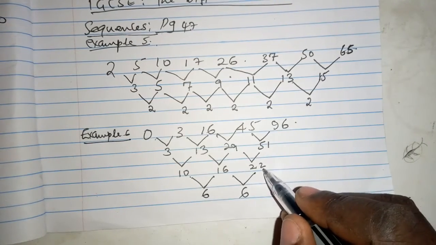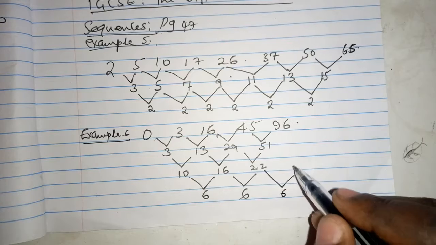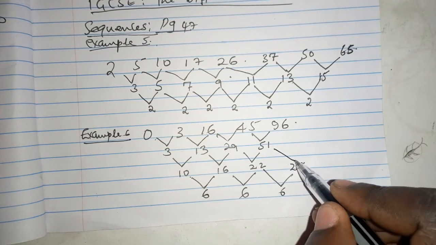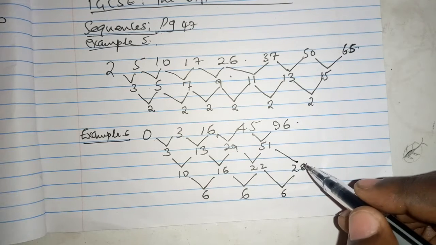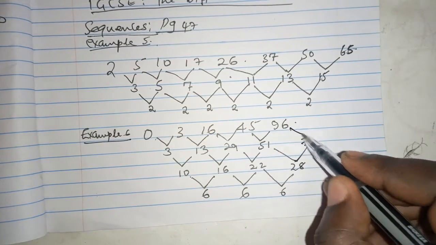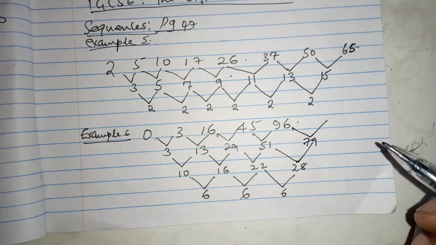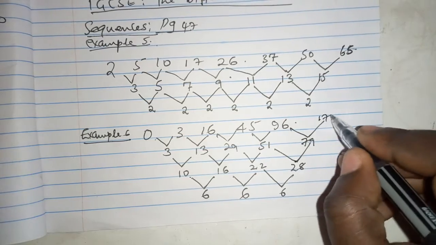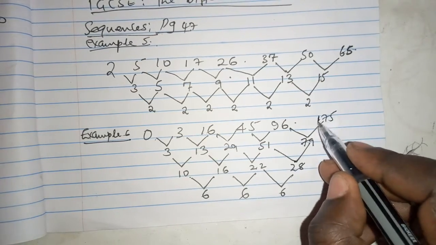So 22 plus 6 is going to be 28. 51 plus 28 is 79, and 96 plus 79 is 175. This is the next term.